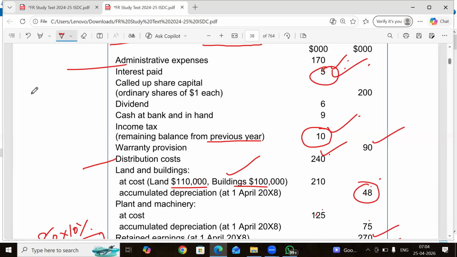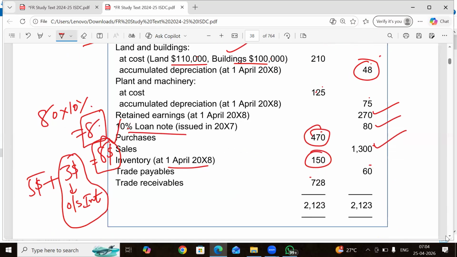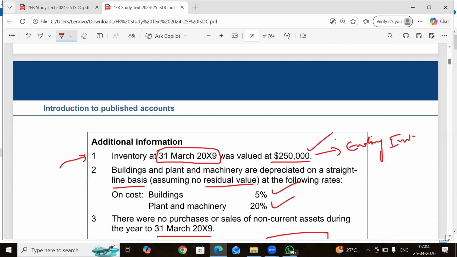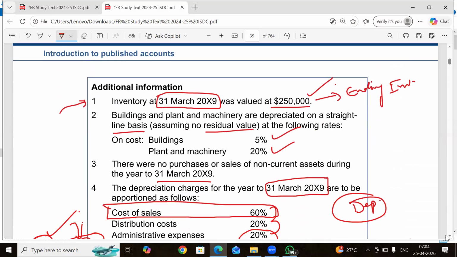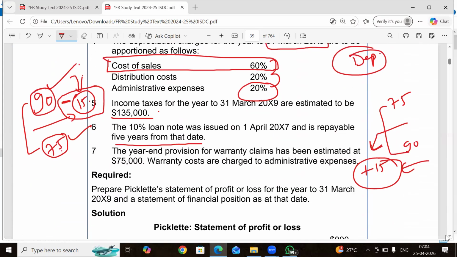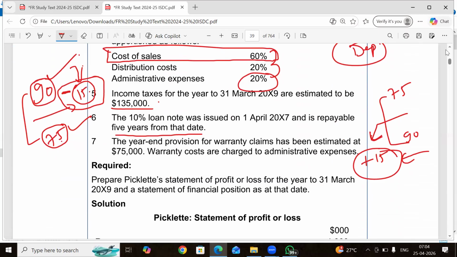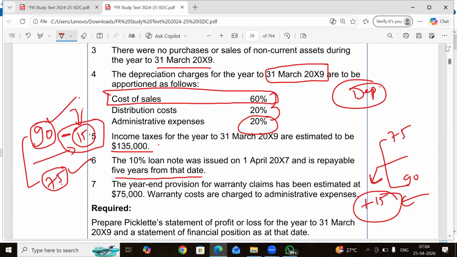So we need to settle this, and this year's tax, how much? Income taxes for the current year estimated is 135.